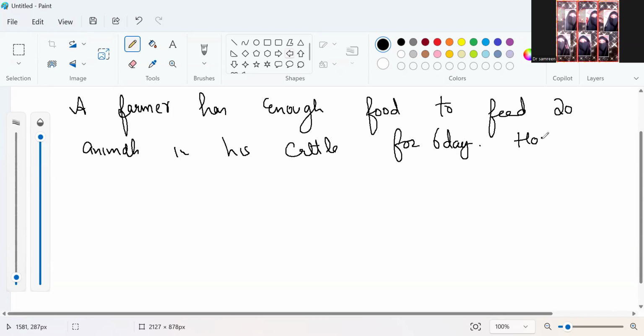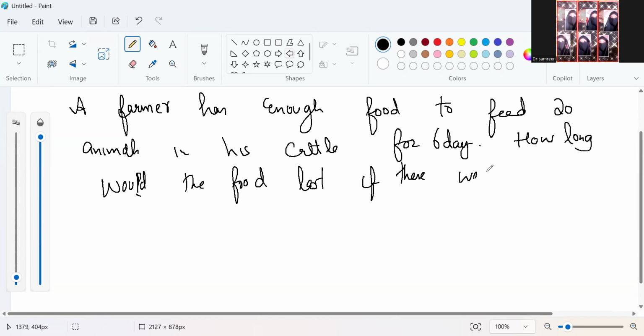How long would the food last if there were 10 more animals in his cattle? This is also inverse proportion.